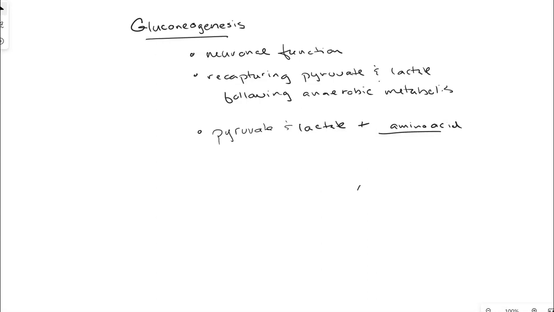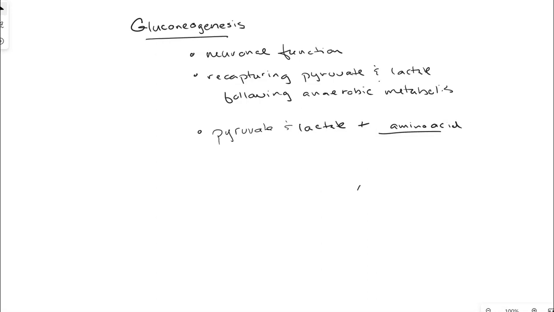Being able to consume a protein, degrade it into amino acids, and then funnel amino acids into gluconeogenesis is an essential function for producing glucose in periods of the absence of carbohydrates from dietary supply.